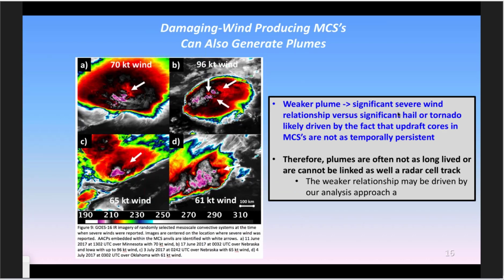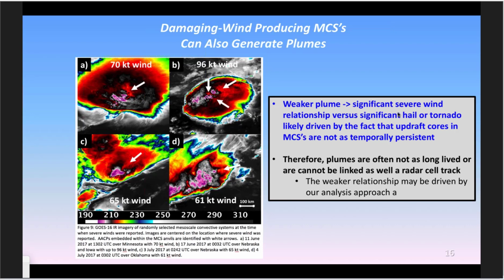Talking about damaging winds here, these are just 4 random damaging wind-producing storms going from 61-knot winds all the way up to 96-knot winds. And you see that all 4 of these produce some form of above-anvil cirrus plume, and I identify that with those white arrows in the left panel there. And so you say, well, why do you only end up with 41% of the significant winds produced by plume-producing storms?